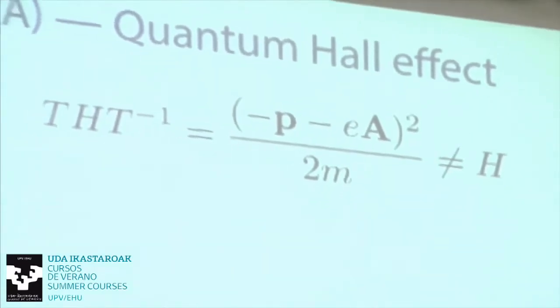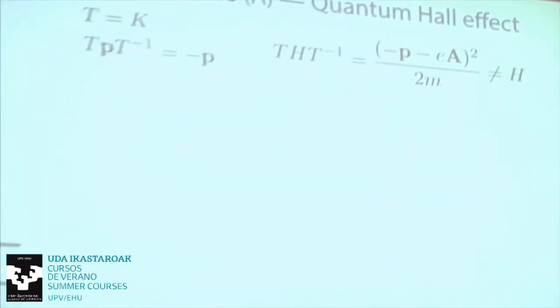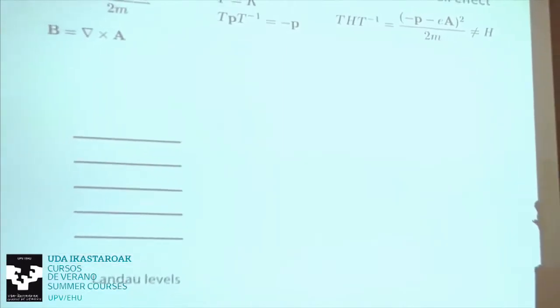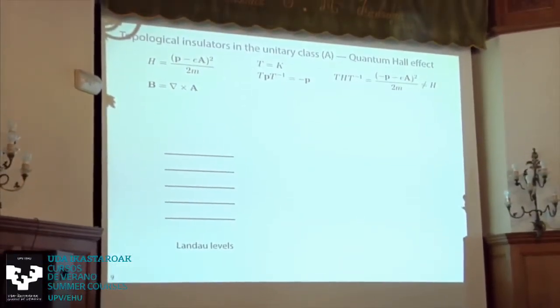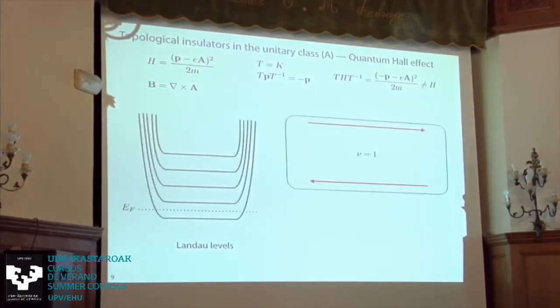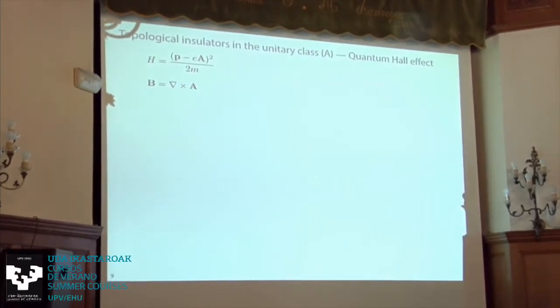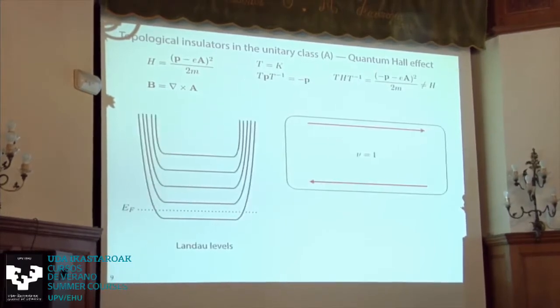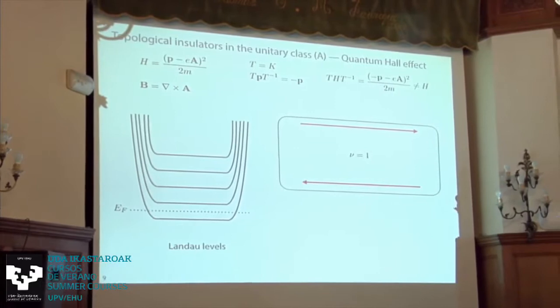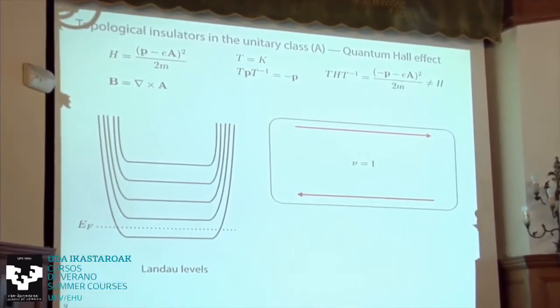If I try to solve this, I get Landau levels. So if I put my chemical potential somewhere in between the Landau levels, I have an insulator. But if I have a boundary, then we know that at the boundary we get edge states. So the Landau levels bend at the edges, so that means we get these edge states.